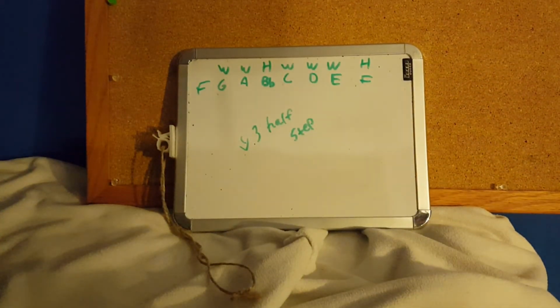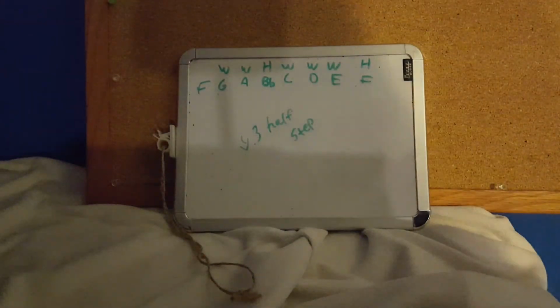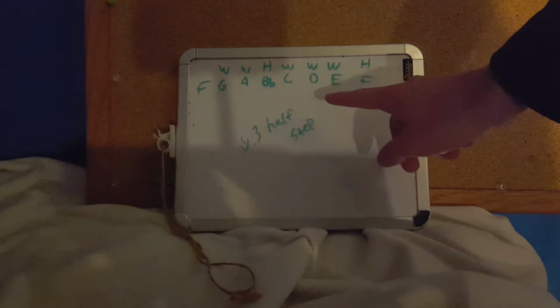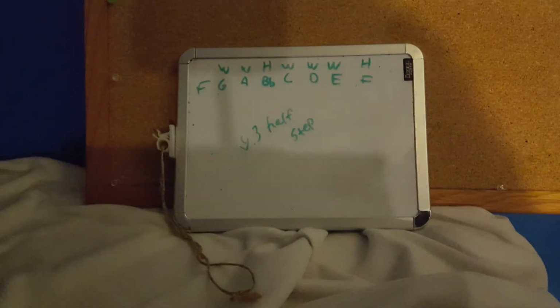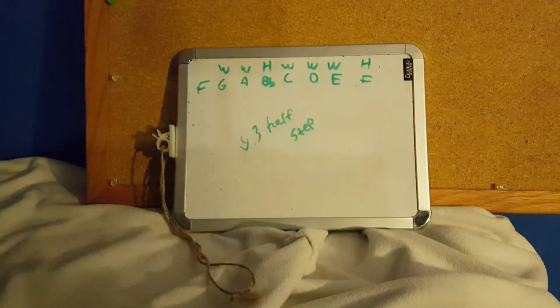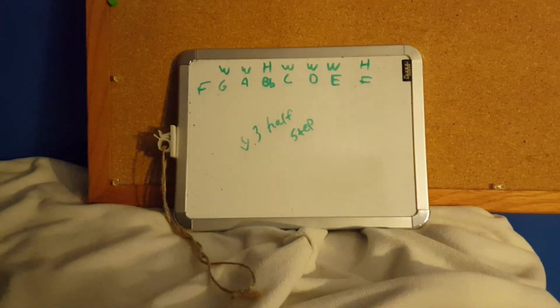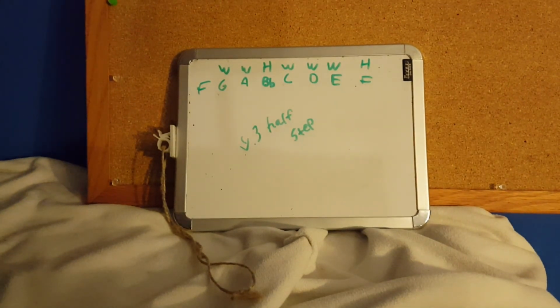So the F major and D minor keys will keep these notes. The scale will be a little bit different, but they will remain the same notes. Minor keys and minor scales we will be going over in the next video, which hopefully is tomorrow.